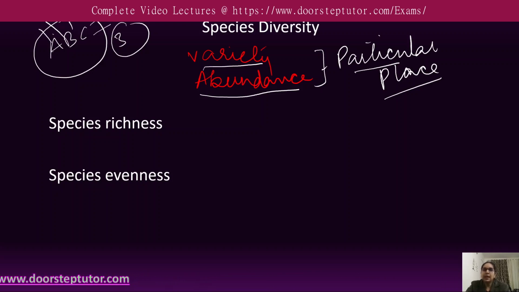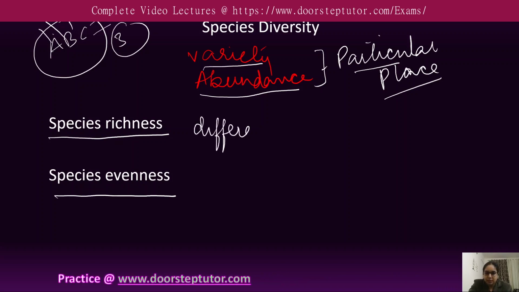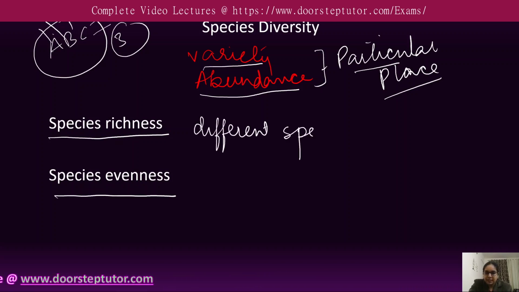An important characteristic of a community and the ecosystem to which it belongs is its species diversity, and it includes species richness and species evenness. Species richness means the number of different species it contains.